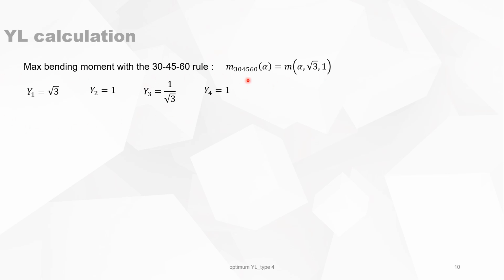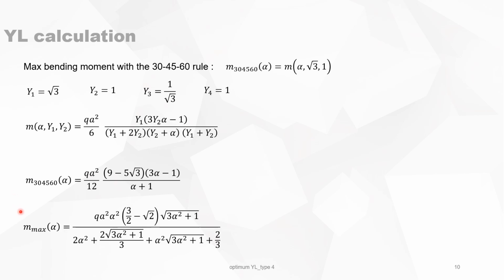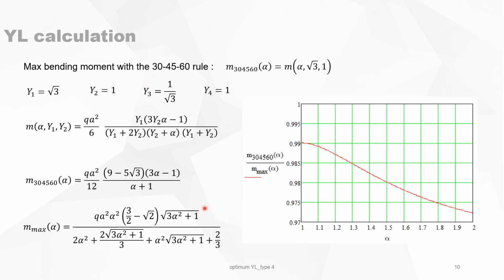So now we know the variables y1 to y4. We substitute them in this equation to obtain the M30,45,60 formula of maximum bending moment. The optimized formula for maximum bending moment is then equal to this formula, like we've seen in the previous graph.